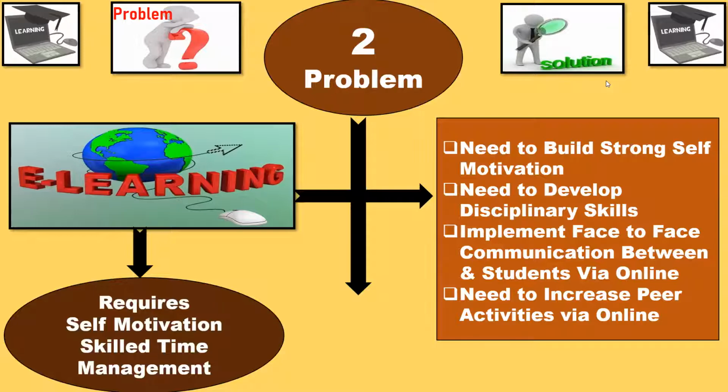Next, discipline is very, very important. Even in e-learning, it is an observation that students attend the classes without proper dress. I don't mean that the student should wear a tucked-in shirt and tie, something like that. But at least they should be comfortably informal, so that it creates a kind of discipline among the students.